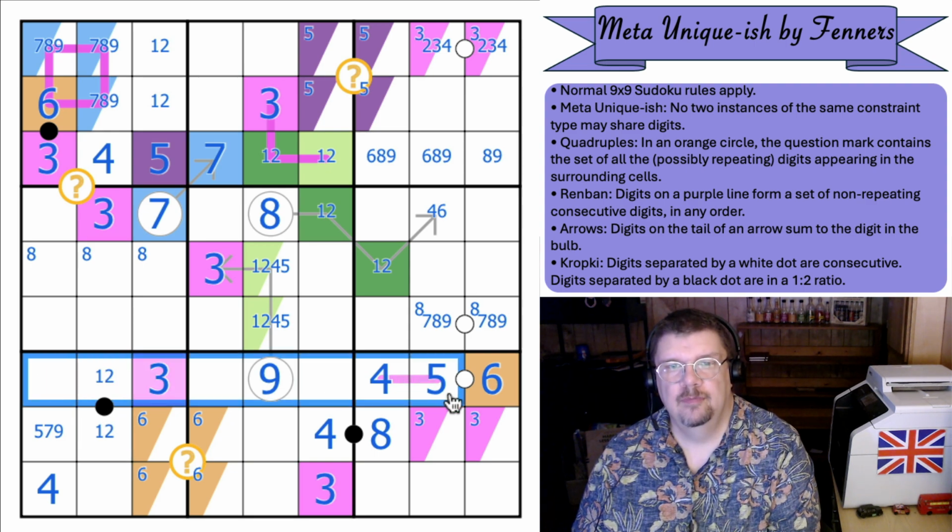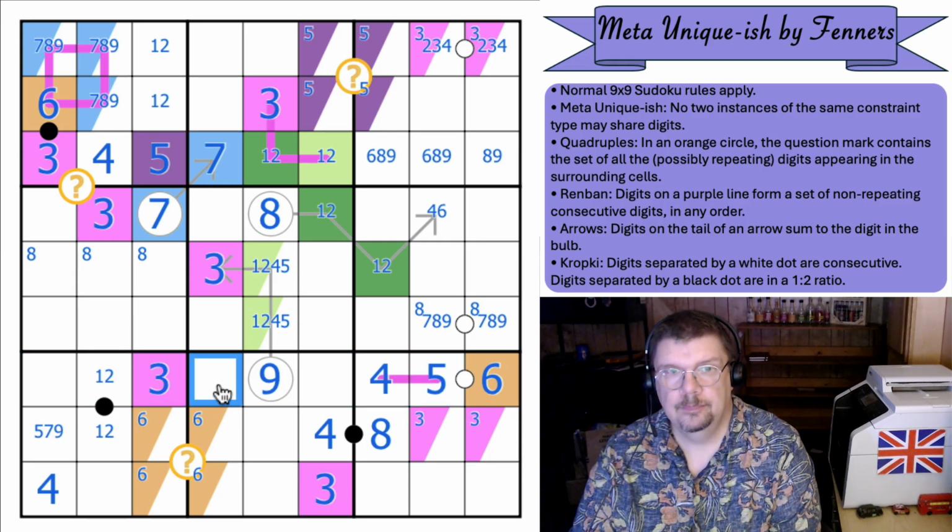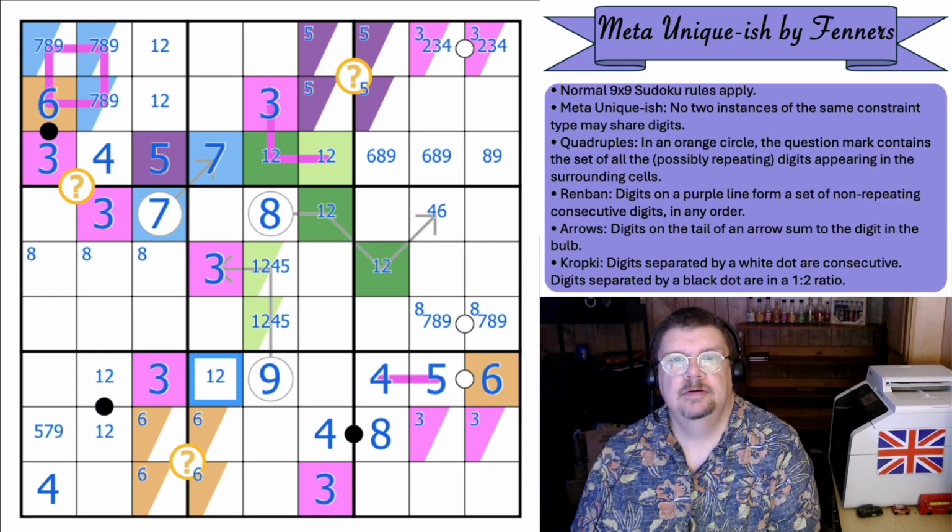So where does the other of 1 or 2 go in this row? Must go here. But I don't know which color it is. I don't know whether it's dark green or light green. But these two digits now must be 7 and 5. And no, not 7 and 5, 7 and 8.